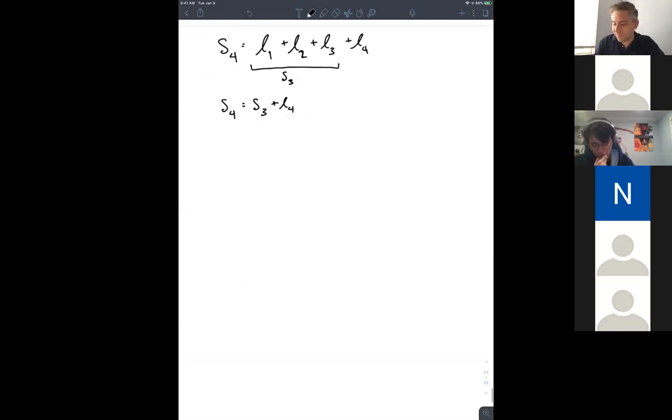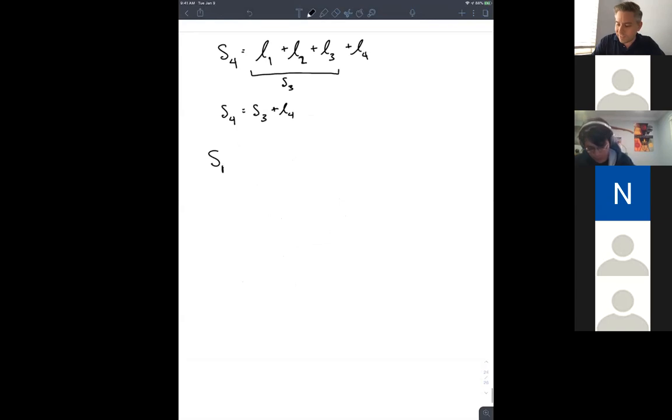No matter how many steps you take, you can always say that S sub n is equal to the previous n minus 1 steps plus another step. Now I'm going to take the square of this, and then I'm going to average it, like so.